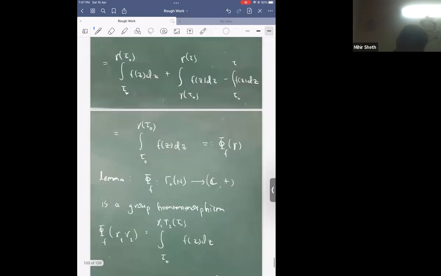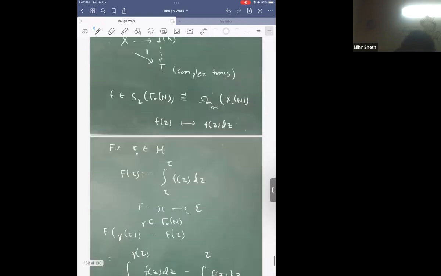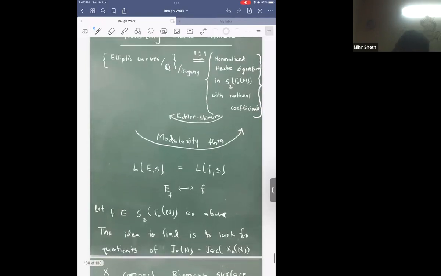So the idea of attaching an elliptic curve to a nice cusp form is that you consider the space of differential forms and look at the Hecke eigenbasis.